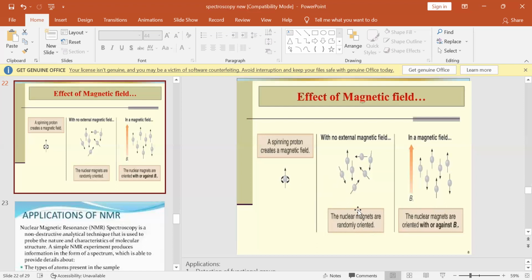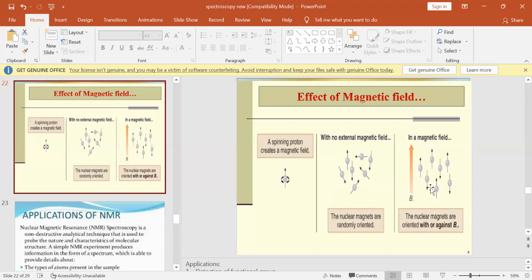Here we are applying an external magnetic field. B0 is the external magnetic field, and this is its direction.